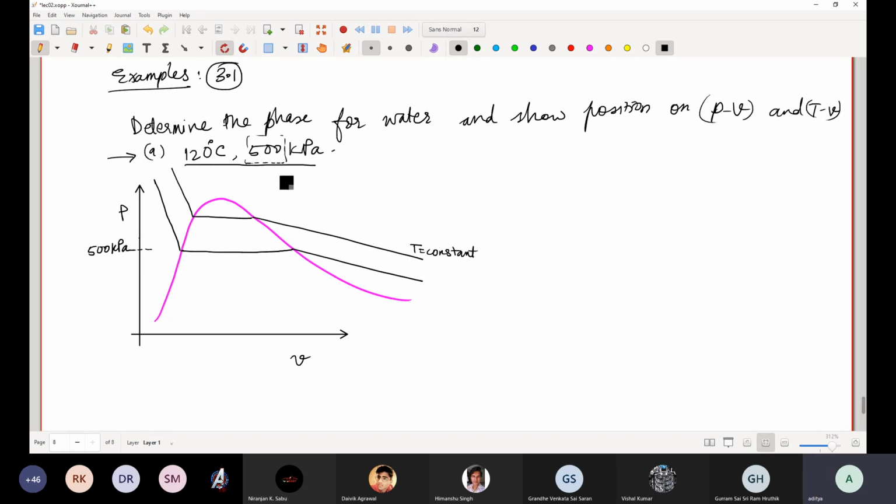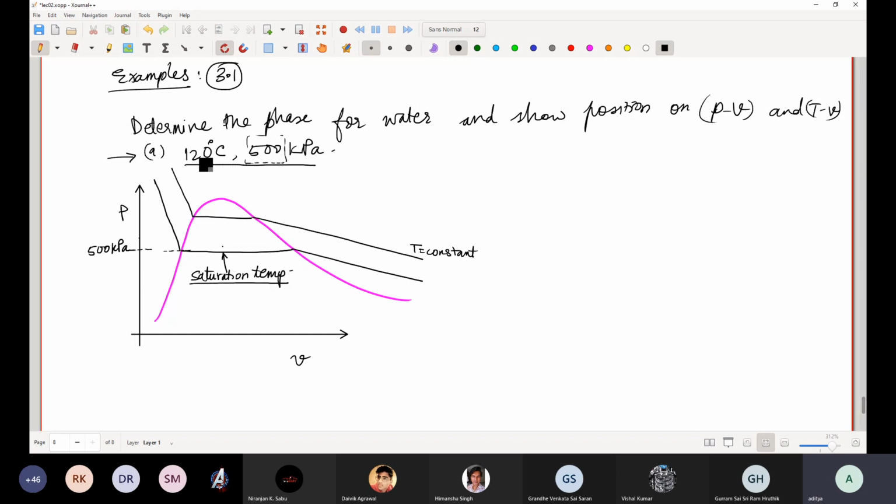So given that this is 500 kilopascal, my next task should be to find out what the saturation temperature is going to be.